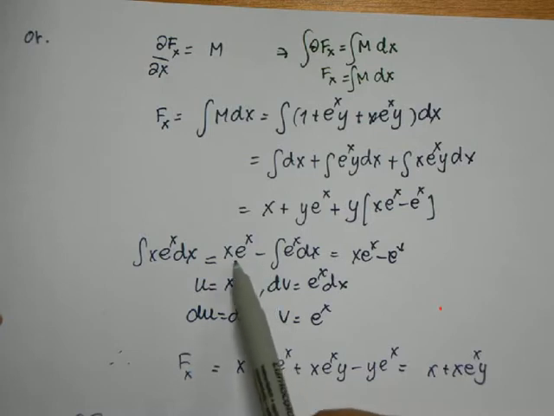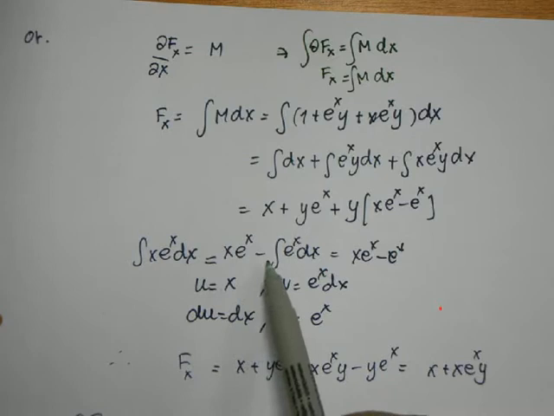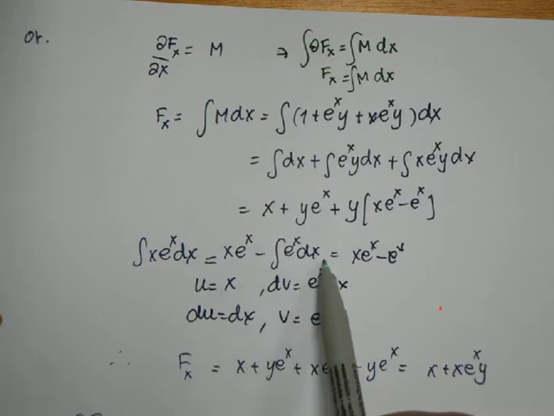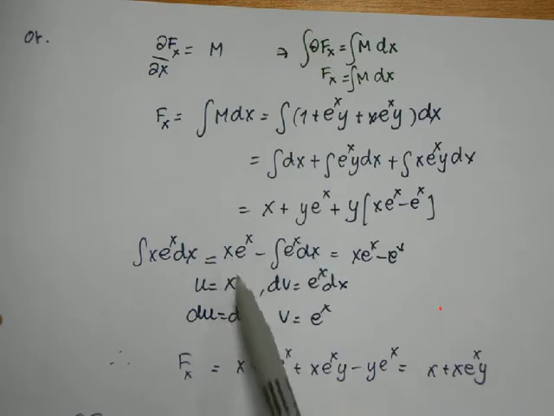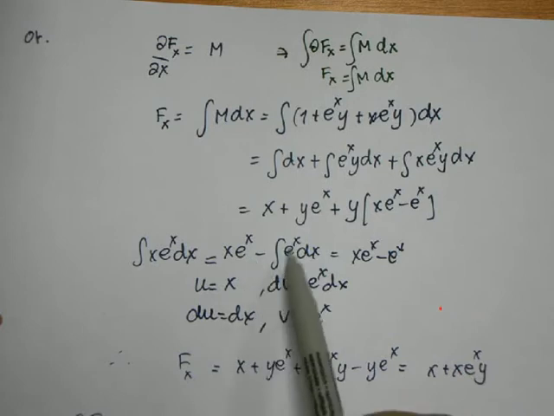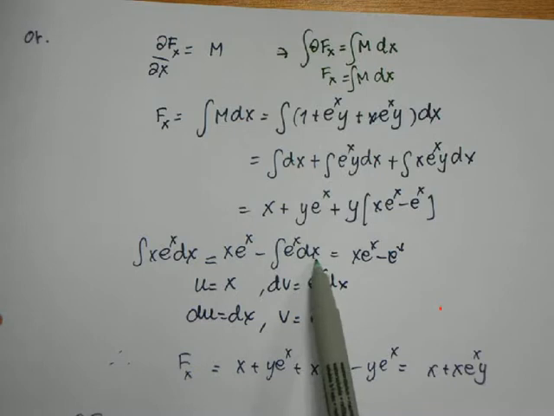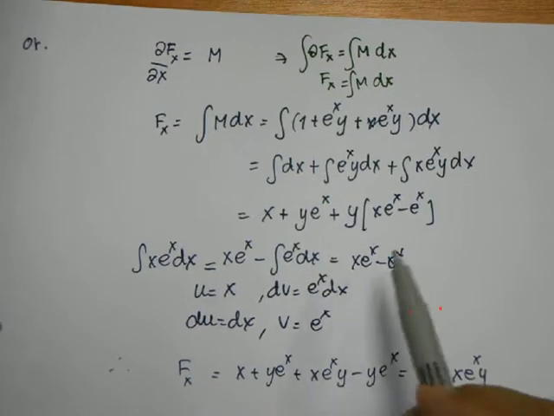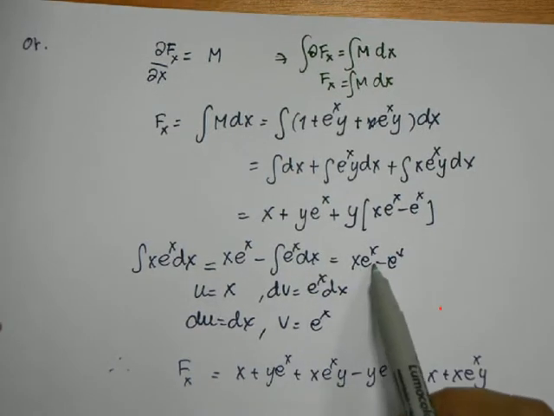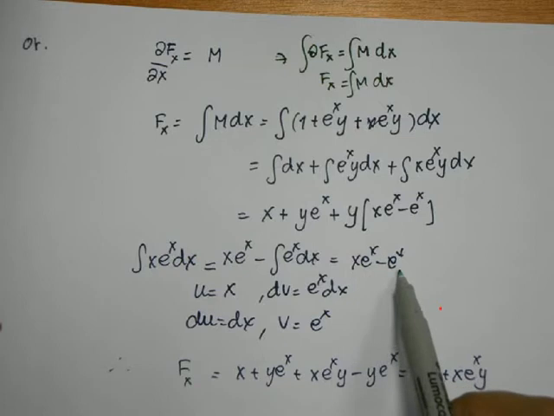I would get uv minus the integral of v du. My u and v give x times exponential of x minus the integral of v du, where v is exponential of x and du is equal to dx. At the end, I would get x times exponential of x minus exponential of x.